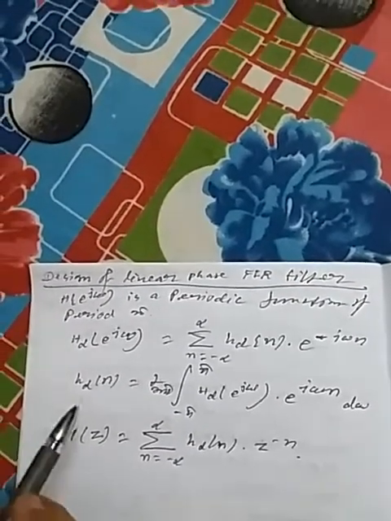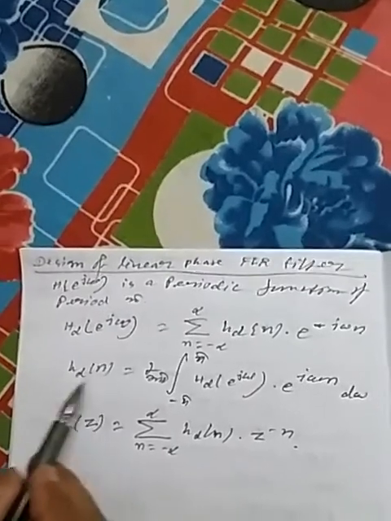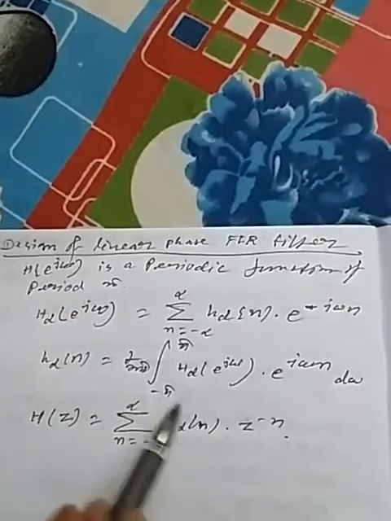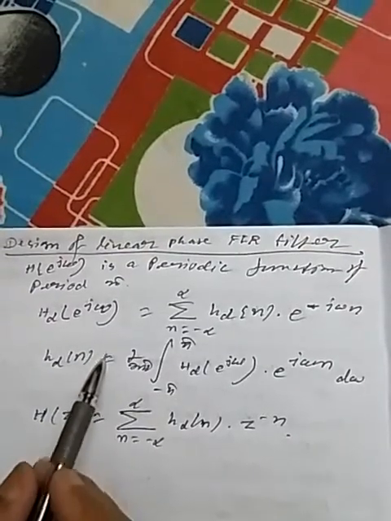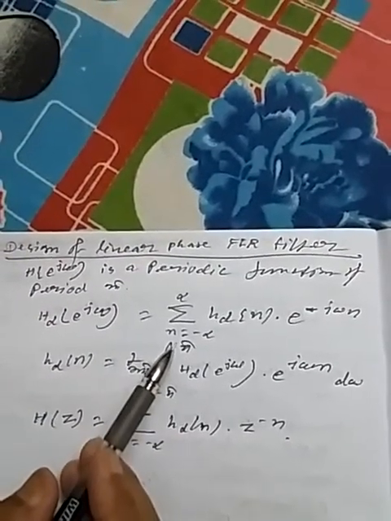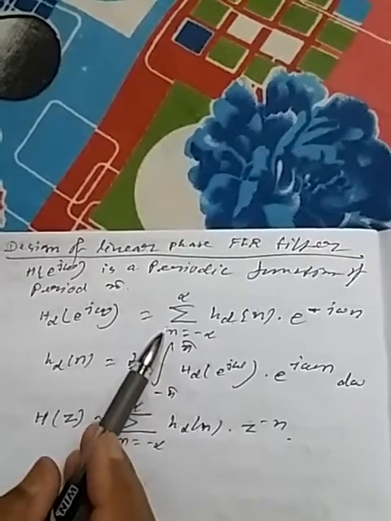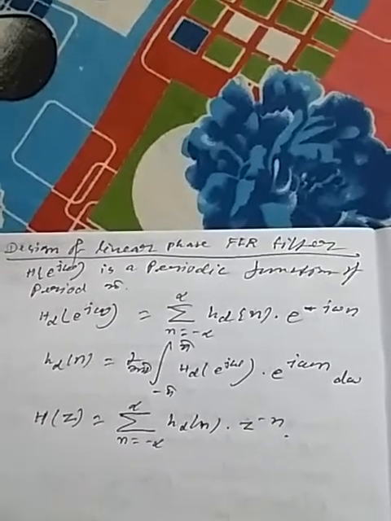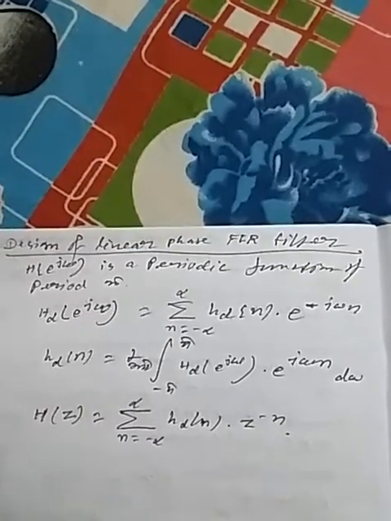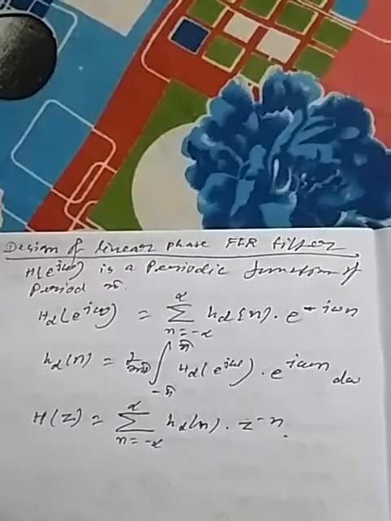Now here is the case, H_D(n) is basically an infinite impulse response in this case, since this summation is from minus infinity to infinity. So here we will get infinite impulse response.